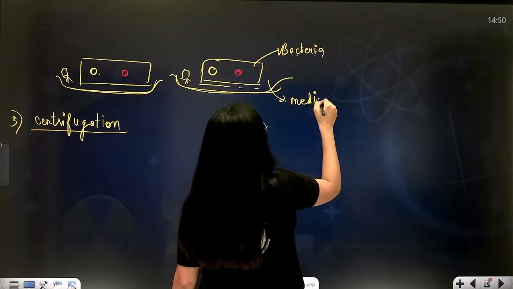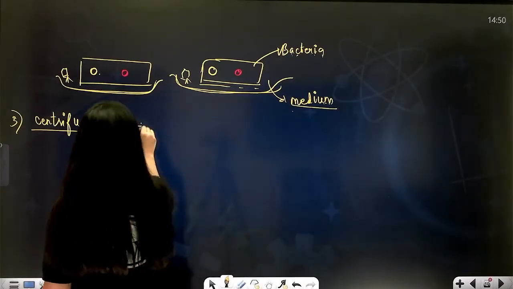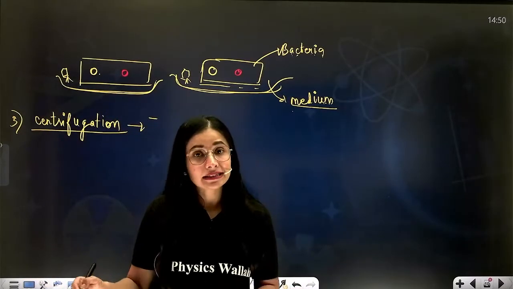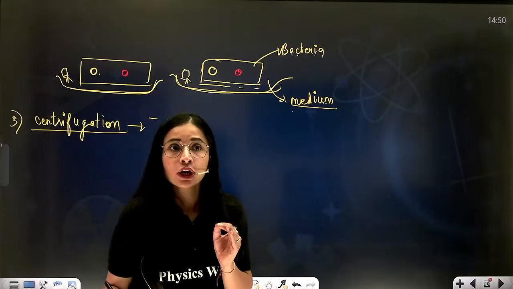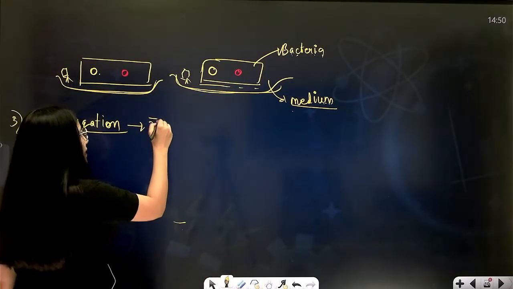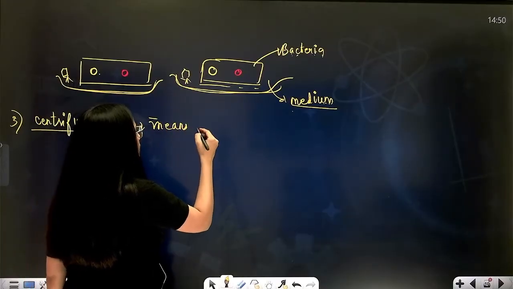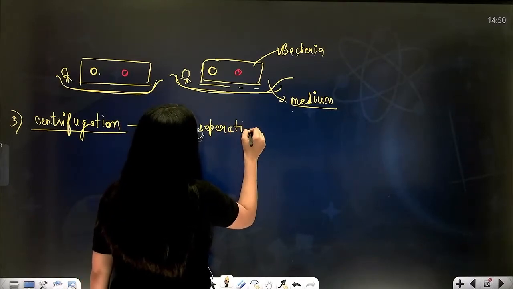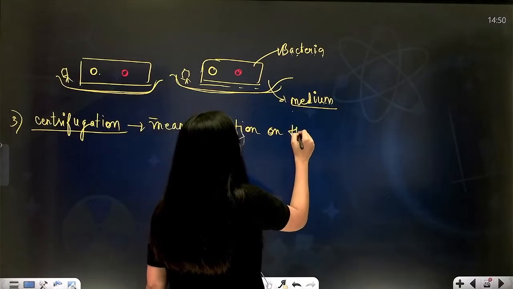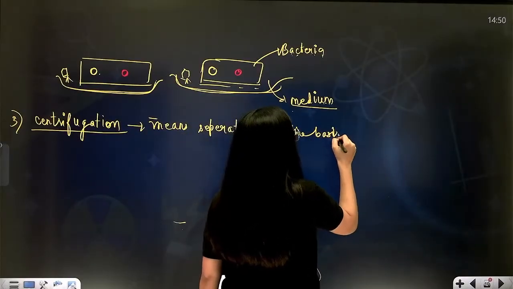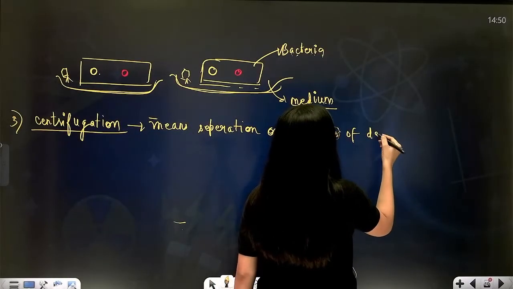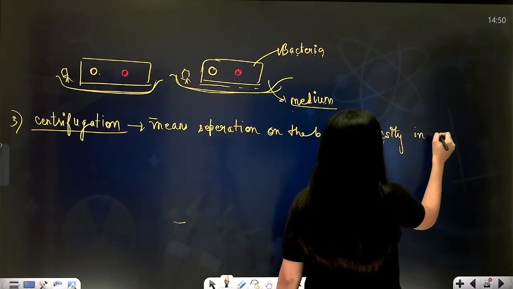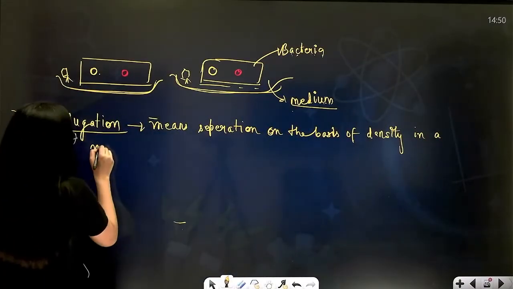So now with the help of centrifugation, in the medium, centrifugation is the separation of two components on the basis of density in a medium containing cesium chloride.